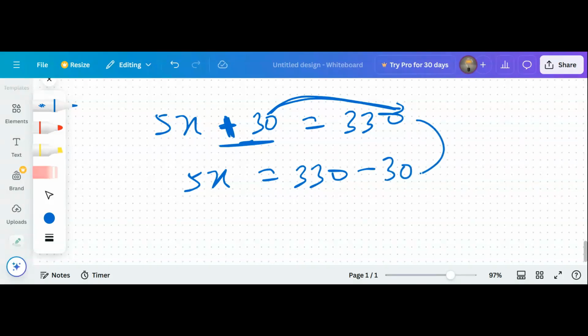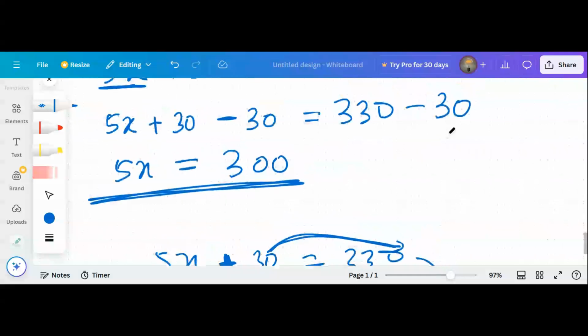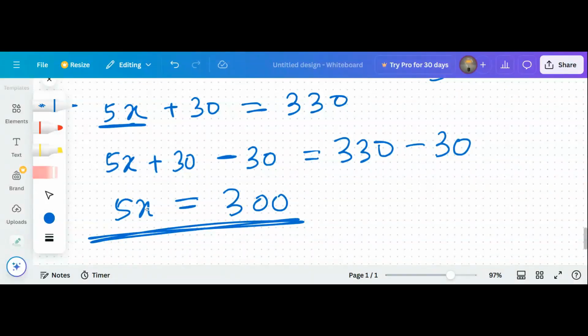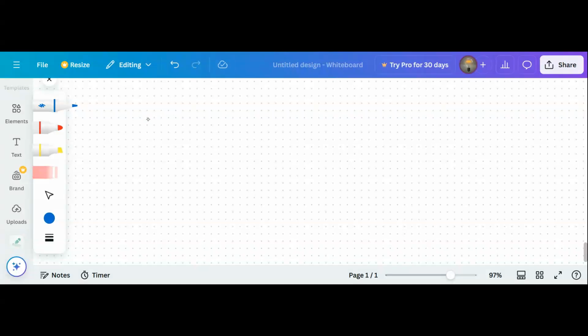Simply you can write like this, but actually we got that from the previous step. We are subtracting this side and the other side, so we will get 5x equal to 300. So don't get confused. Whichever way you are comfortable, do it. So 5x is equal to 300.